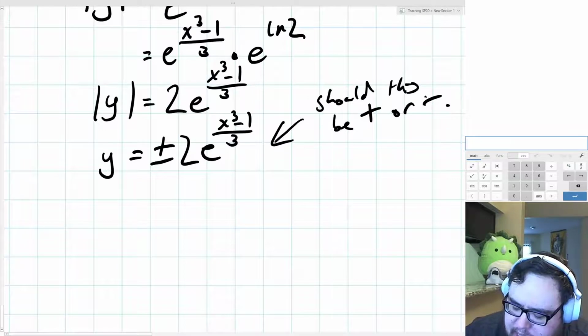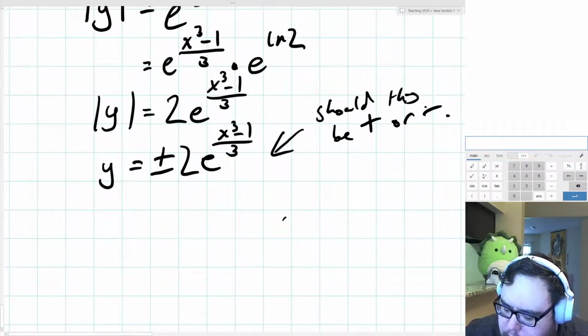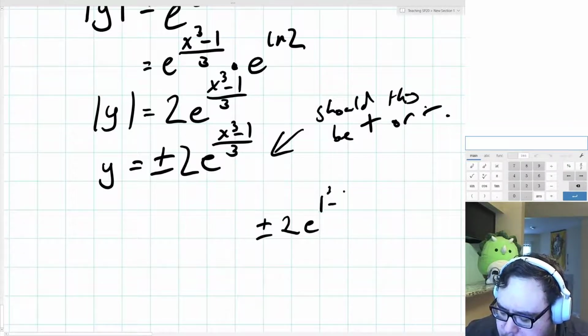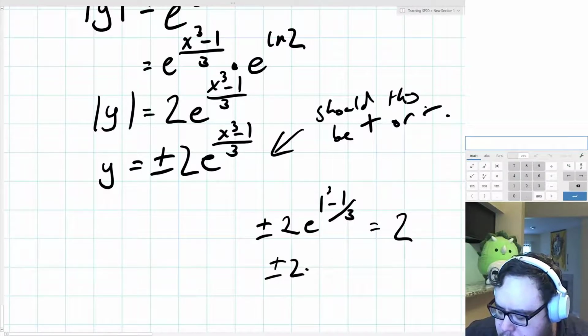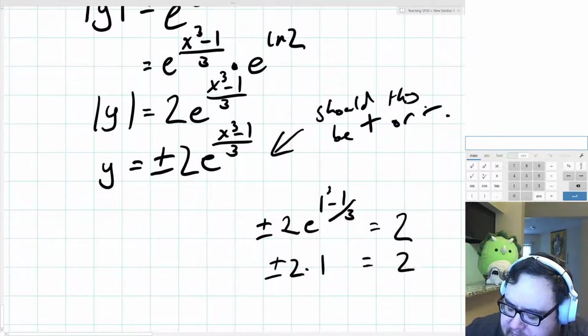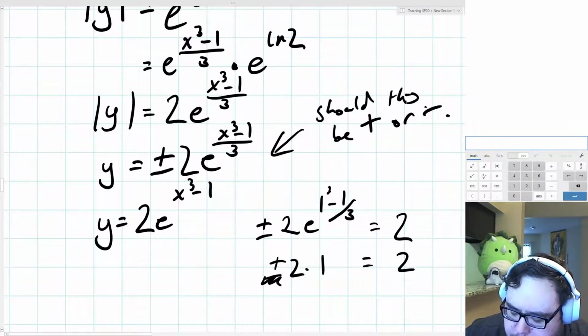So that tells us that if we plug in 1 for x, plus or minus 2e to the 1 cubed over 3 minus 1/3 has to be equal to positive 2. Well, 1 cubed over 3 minus 1/3 is 0, so this is plus or minus 2 times 1. But if that has to equal positive 2, then it can't be negative in front. So our final solution ends up being y equals 2e to the x cubed over 3 minus 1/3.